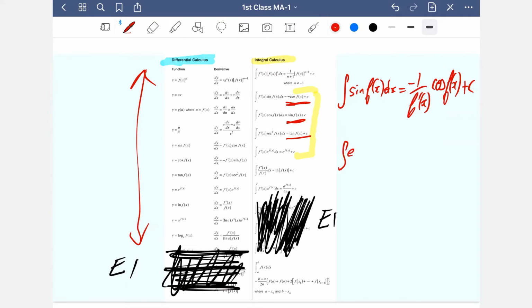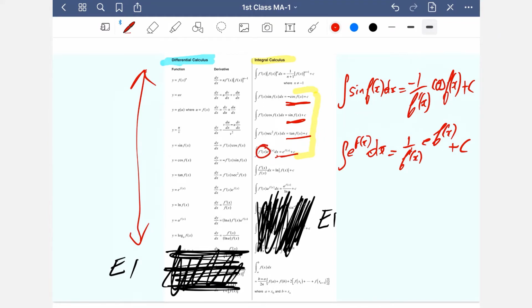So when I teach the integral of an exponential function with e raised to a function of x, what I teach is that it's 1 over the derivative multiplied by e to the power of f of x plus c. But look what's been given here, right?